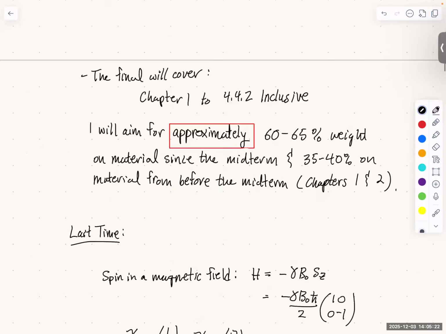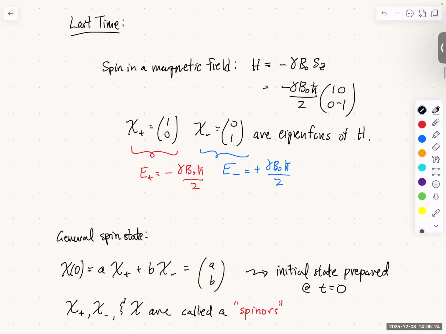Okay, so what we were doing last time is we were talking about a spin in a magnetic field. What we started doing was saying, if we had a charged sphere and we rotated that sphere about some axis that goes through that sphere, then we would have moving charge. And that moving charge is a current. Current is a source of magnetic field.